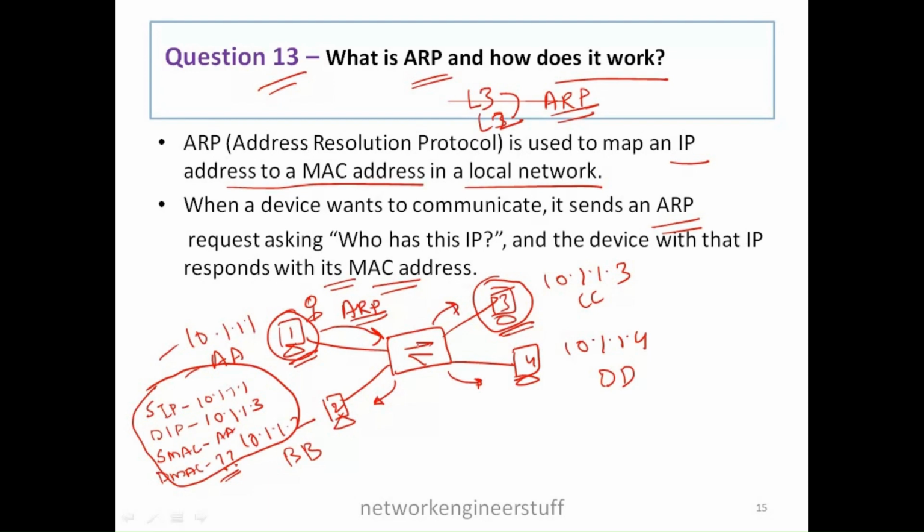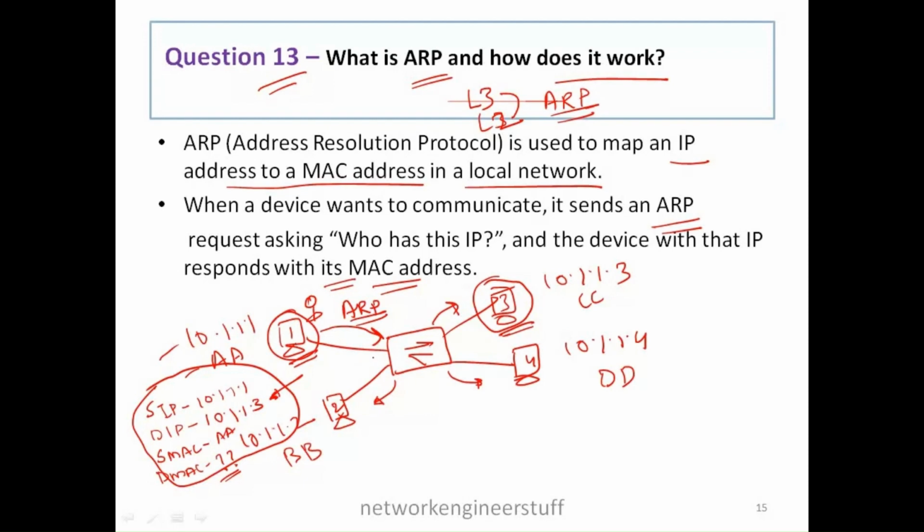This ARP message asks who has this IP address: please let me know, does anybody have the IP address 10.1.1.3? If you do, please reply to me with your MAC address.